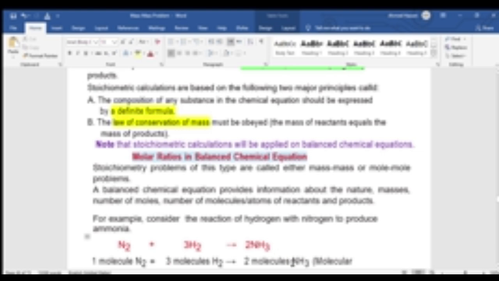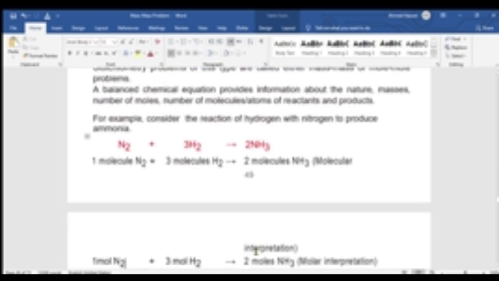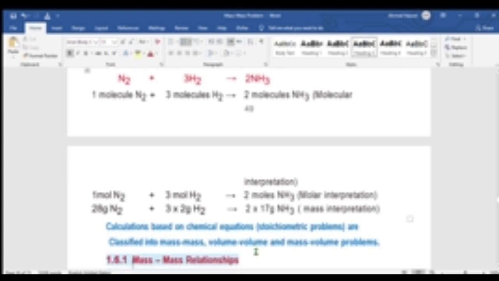Nitrogen 14 plus hydrogen 3 is 17, times 2 is 34. Therefore, 28 grams of nitrogen reacts with 6 grams of hydrogen to form 34 grams of ammonia. Such information can be extracted just by observing the balanced chemical equation.